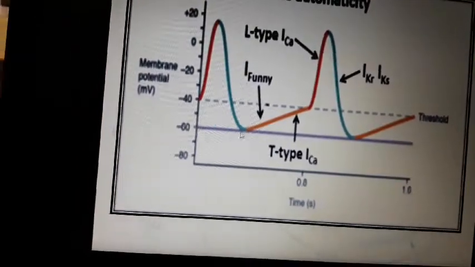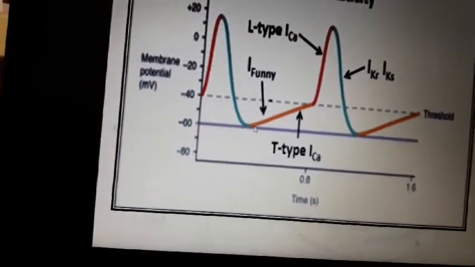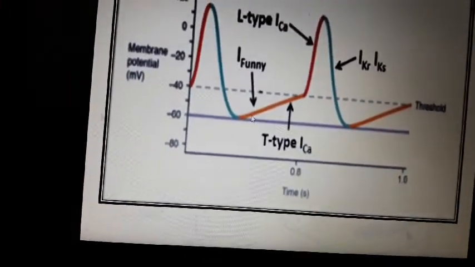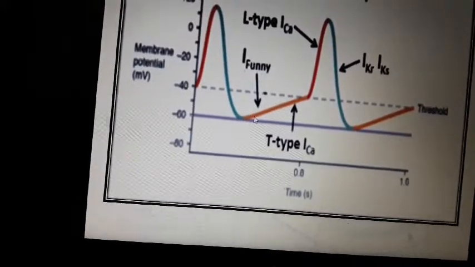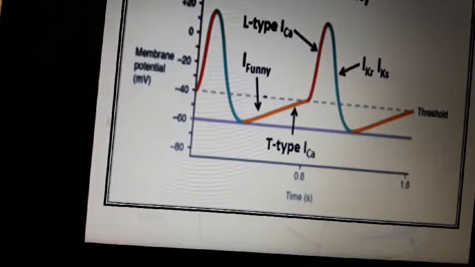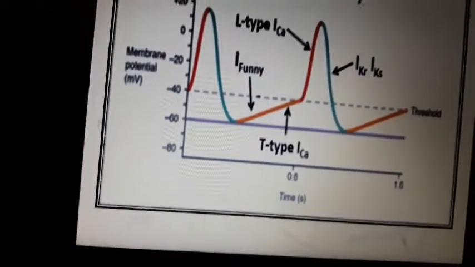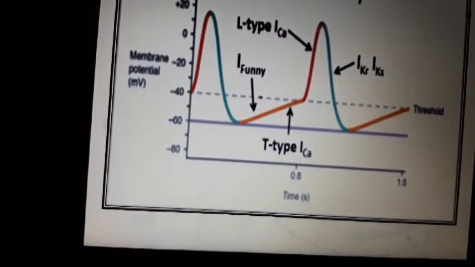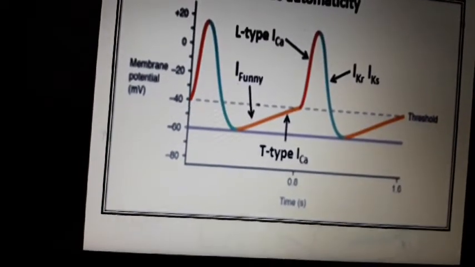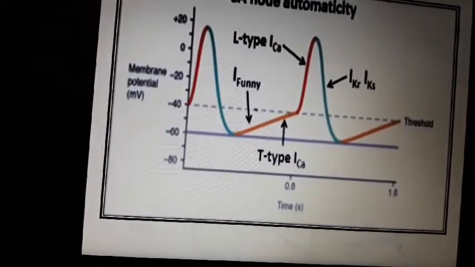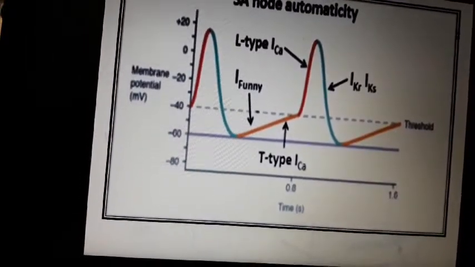Basically there is opening of funny type of sodium as well as potassium channels according to Ganong's, but the major contribution is of funny sodium channels, and we name them funny sodium channels because they are leaky. They do not require any active gradient for the flow of ions, and they are open, hence they do not provide a steady state to RMP.